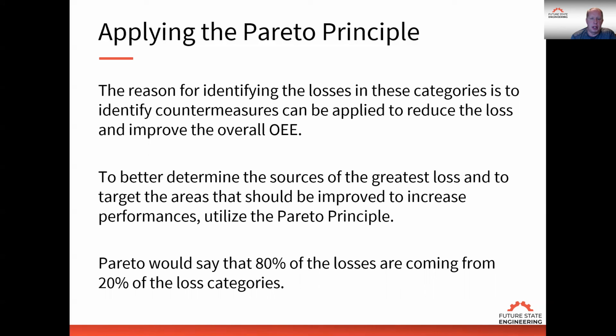This is where PDCA comes in, doing the root cause analysis to make sure that we're putting in permanent countermeasures that prevent the losses from occurring again. They might not be simple fixes, they might be more complex fixes. Once we do this, we should get a jump in performance by attacking the biggest contributors to losses and correcting them.